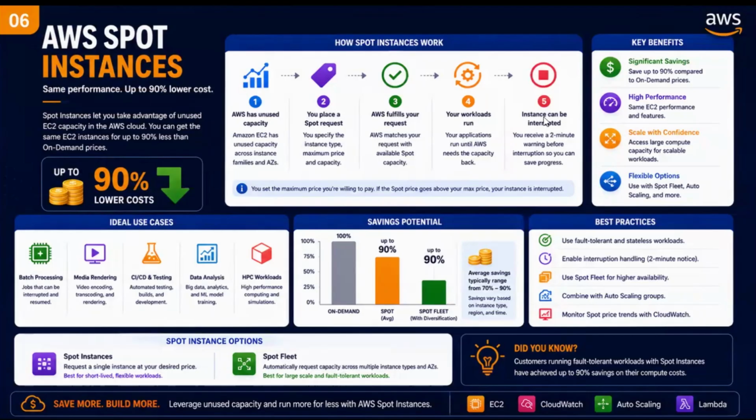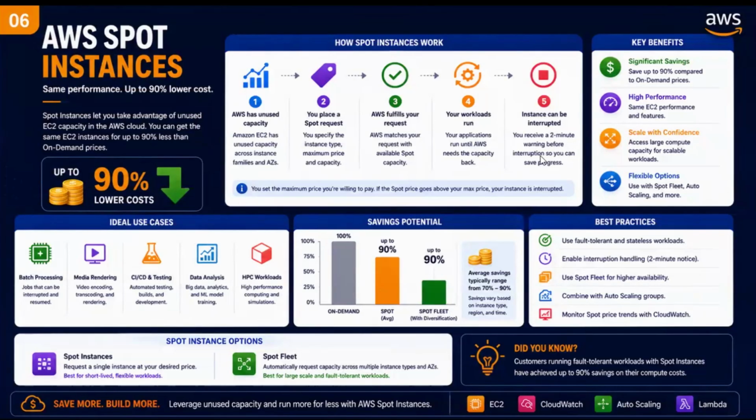Because the instance can be interrupted when AWS needs the capacity back, you receive a 2 minute warning before interruption, so you can save your progress. AWS gives you the Spot Instance at the cheapest rate, but whenever AWS needs the capacity, they take it back, giving only a 2 minute warning.